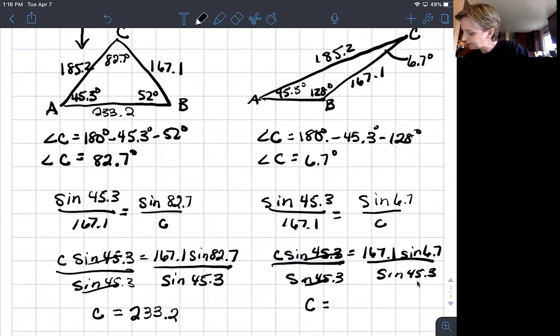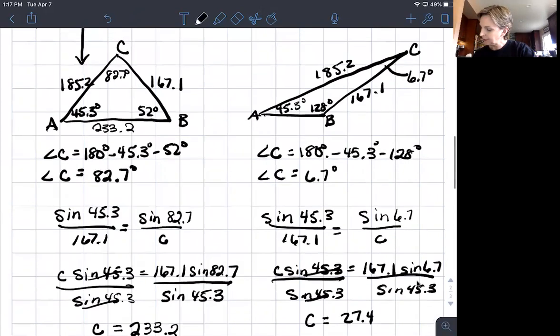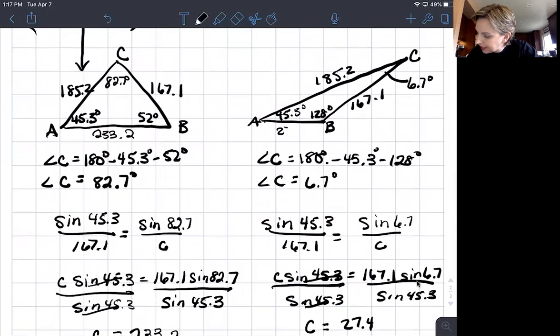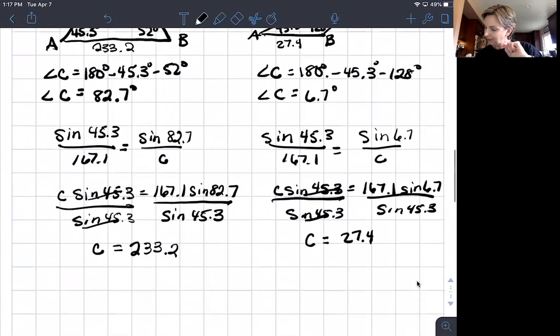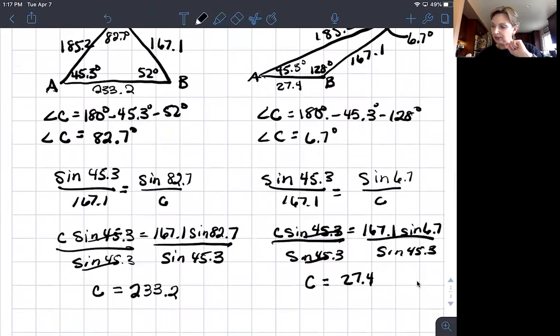Right, it should be something fairly small, 27.4. Come back up, plug that in. Should be the smallest side because it's opposite a teeny tiny angle. And it is definitely smaller than the other two sides. So it looks like everything's proportional the way it should be. Okay, and there you go.